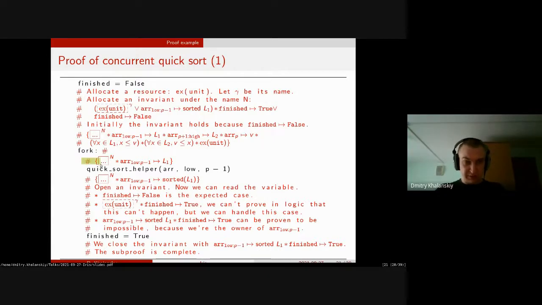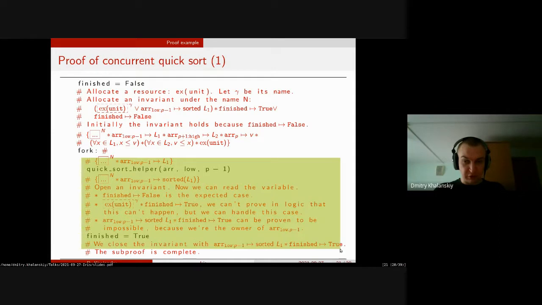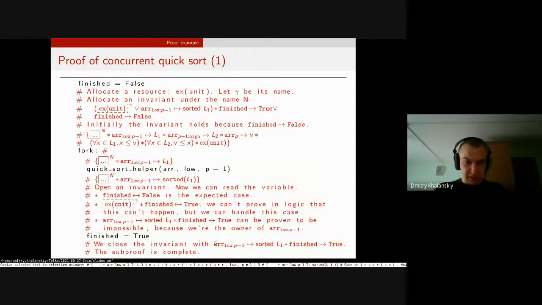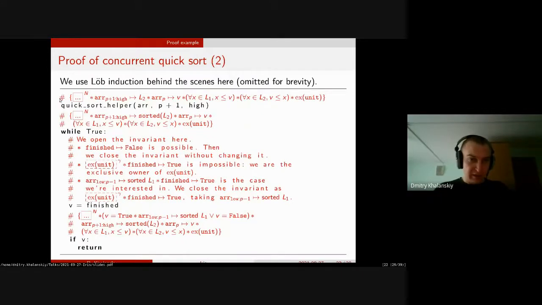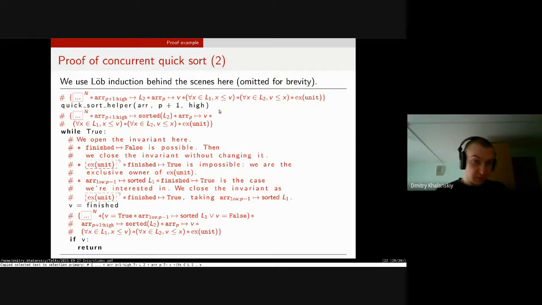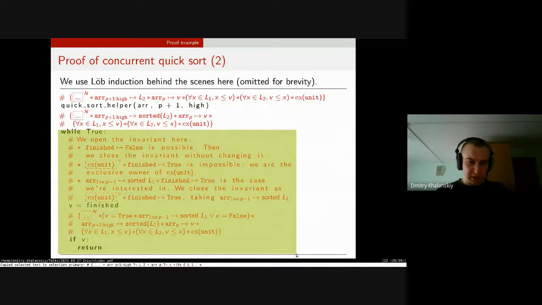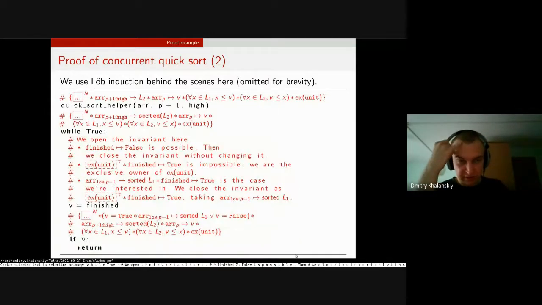I fork off the calculation of one of the recursive calls, and I signal that this thread has finished by setting the finished variable to true. And in the meantime, in the main thread, I proceed to run its own recursive call, and then I did write this out more elaborately than I did initially for illustrative purposes.